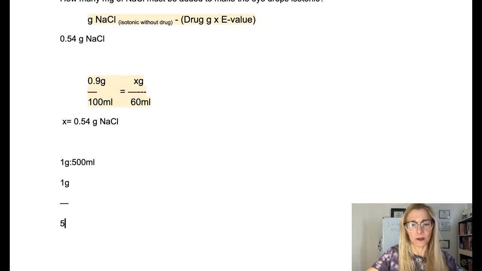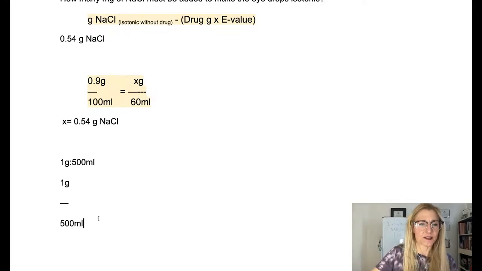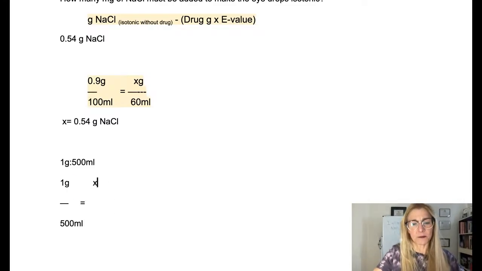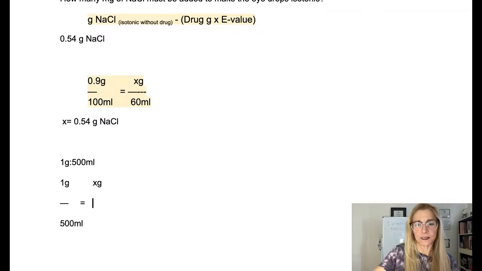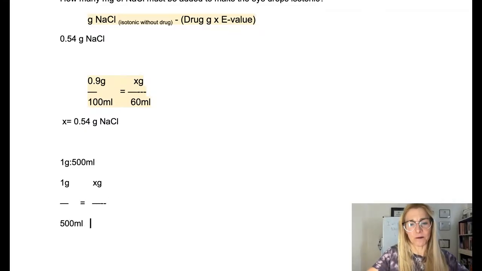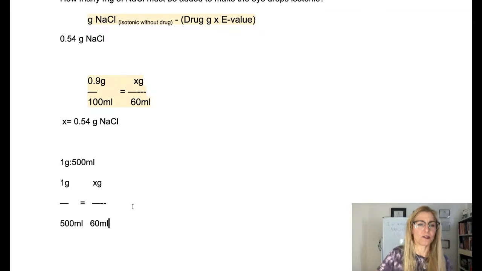That looks spaced out quite a bit, but you know what I'm trying to do here. Equals how many grams over 60? Because we're talking about the same 60 mLs from the original question.